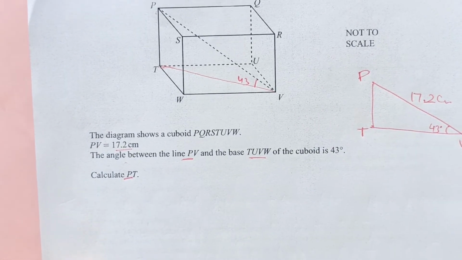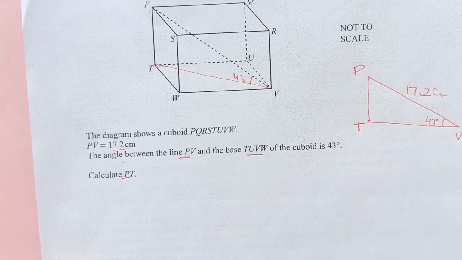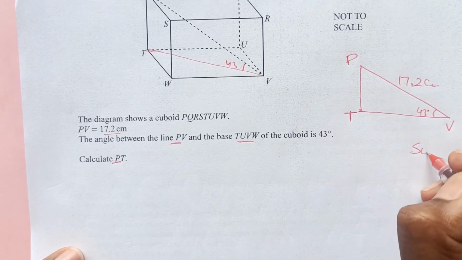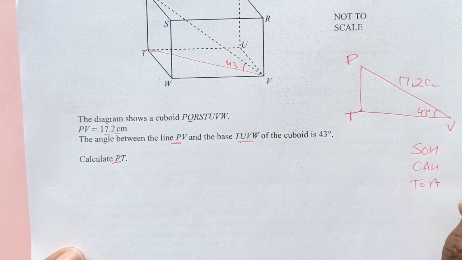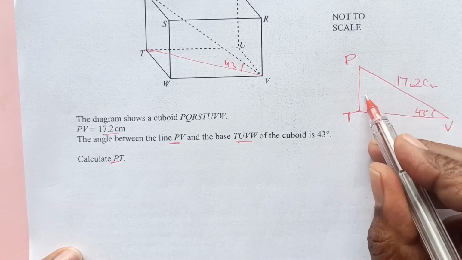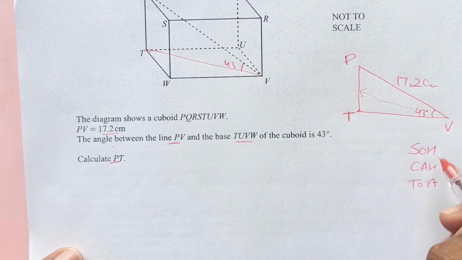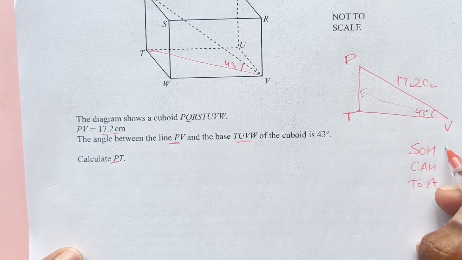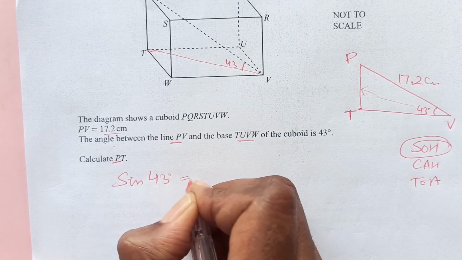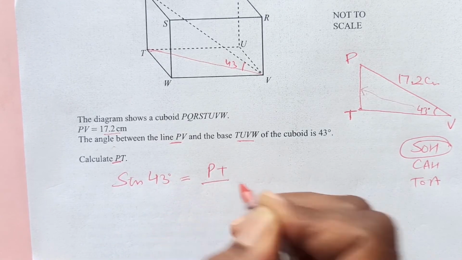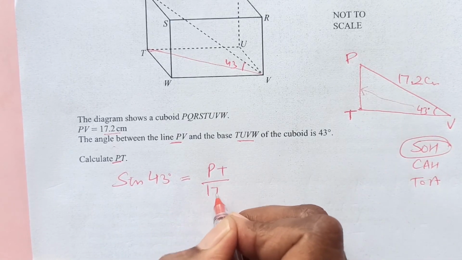So after drawing this diagram separately, you can easily know what to do. Now we can see which one we can use SOHCAHTOA. We need to include this opposite and hypotenuse. So that means sine. So sine 43 is going to be PT over 17.2.